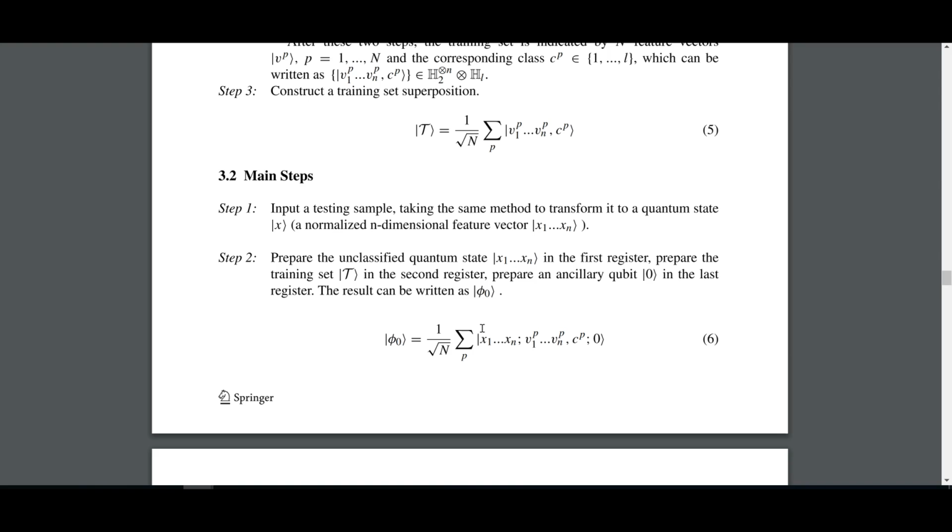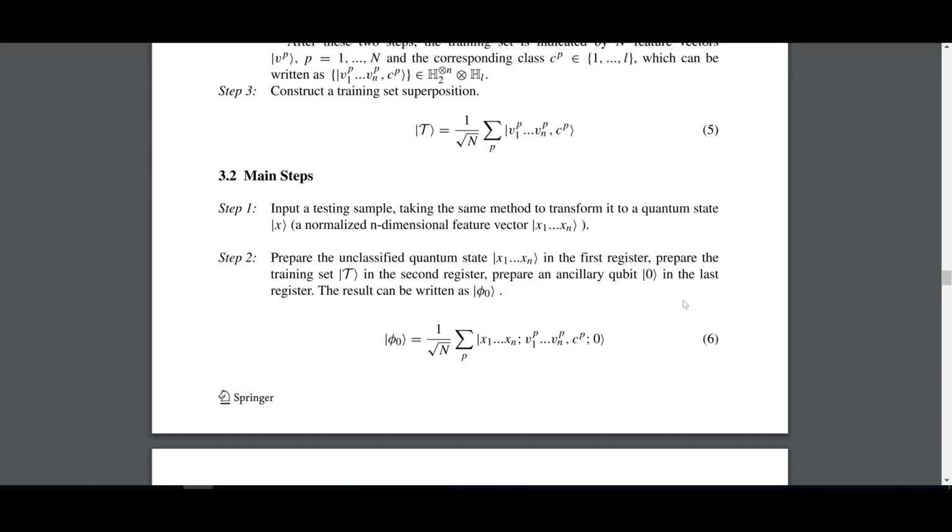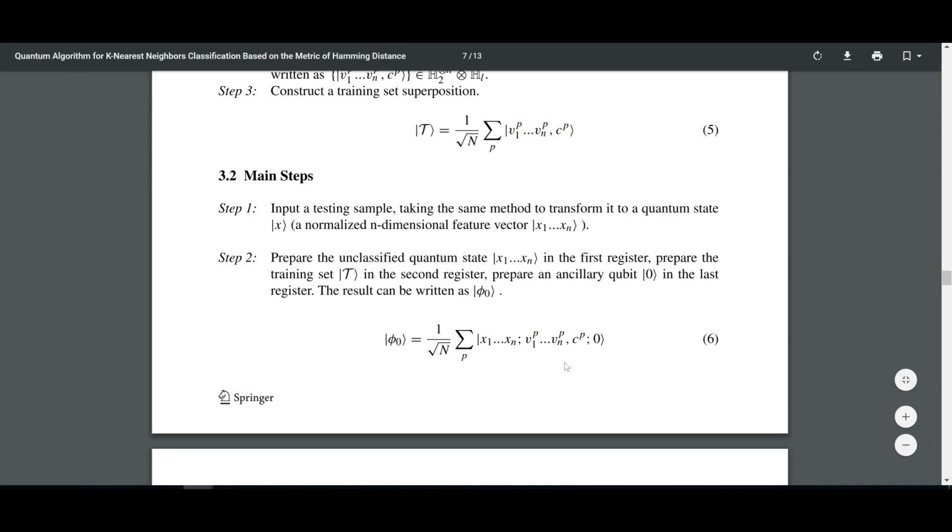Main steps: input a testing sample, taking the same method to transform it to a quantum state, X, a normalized feature vector. Prepare the unclassified quantum state in the first register. Prepare the training set T in the second register. Prepare an ancillary qubit 0 in the last register. The result can be written as this.